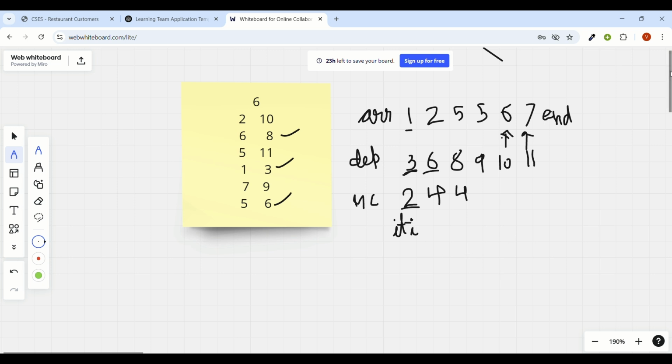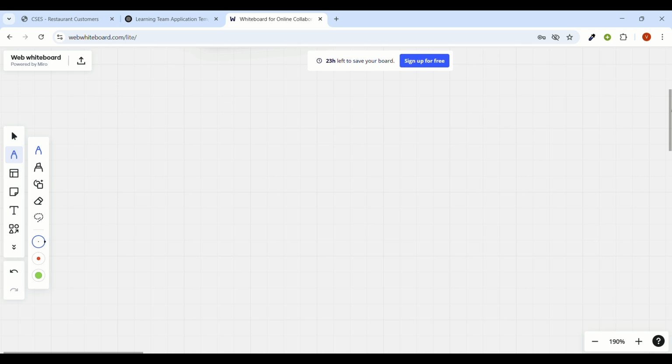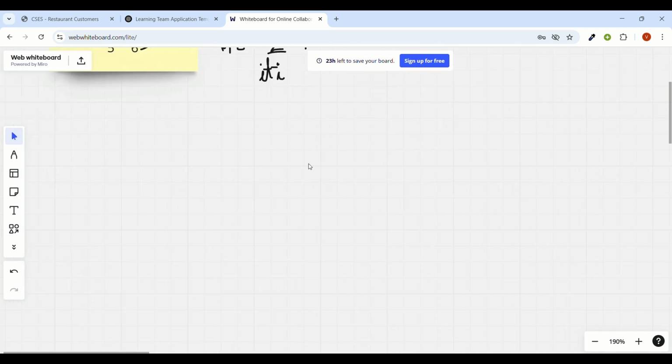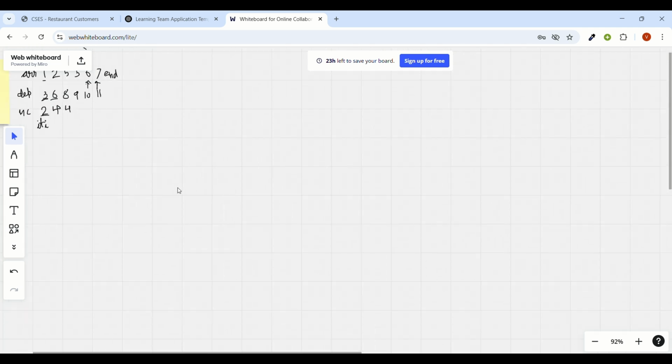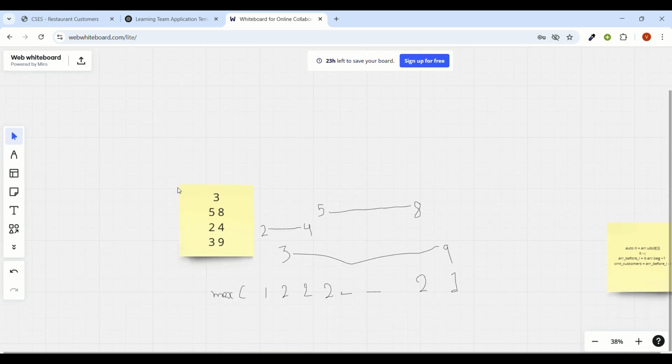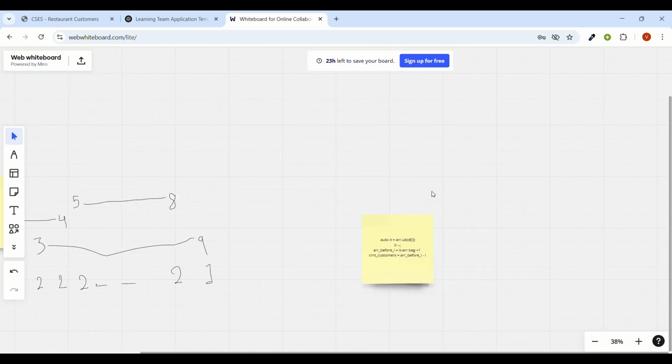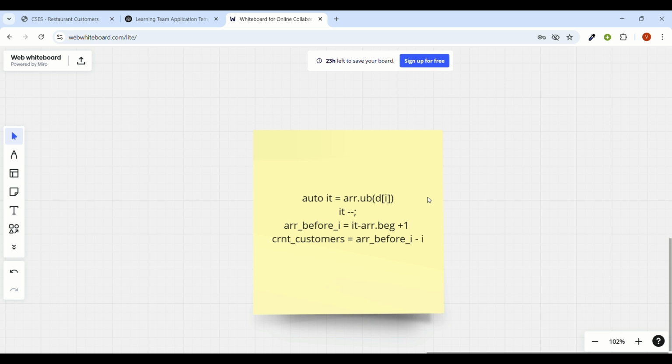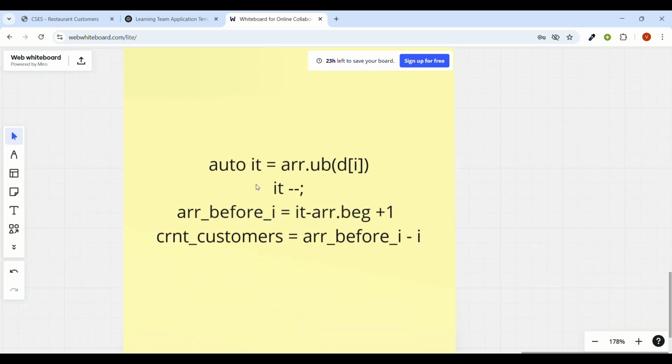Let's see how we would approach the solution for this problem. So in this way we would approach. Firstly, we will find the upper bound for the departure of this particular ith customer.